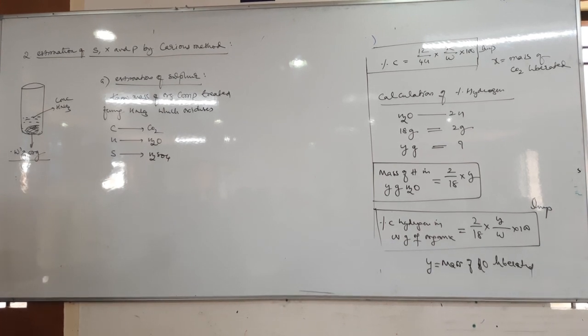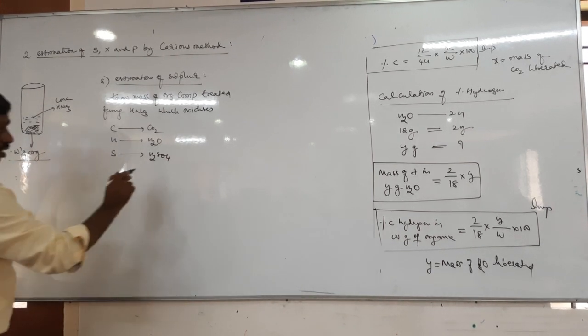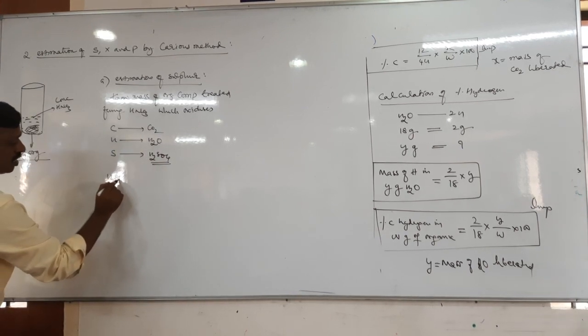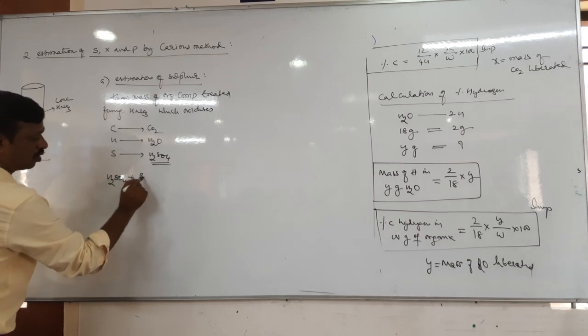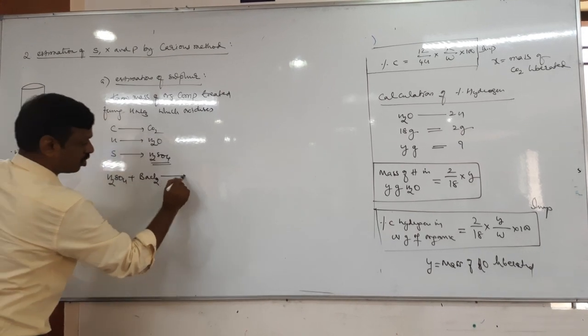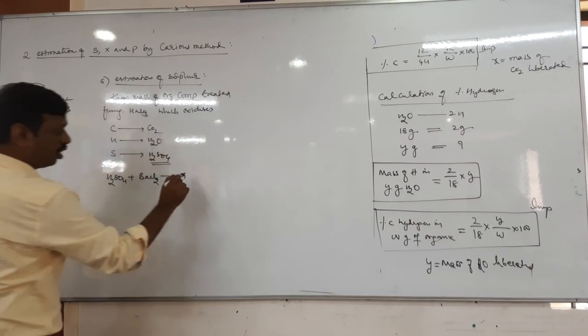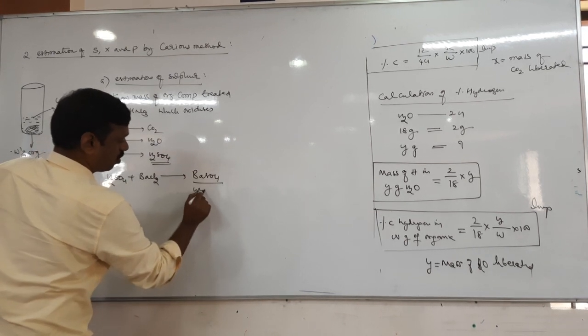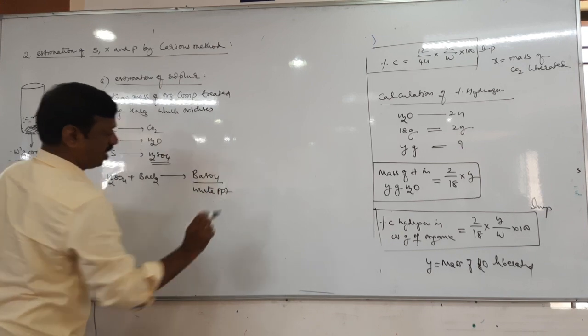Then this sulfuric acid is treated with barium chloride solution, BaCl2. It forms barium sulfate, which is a white precipitate.